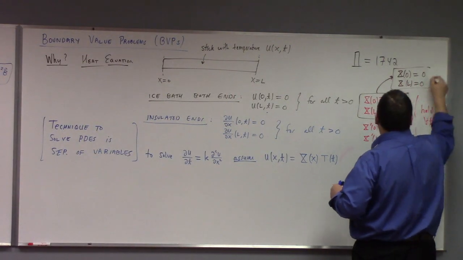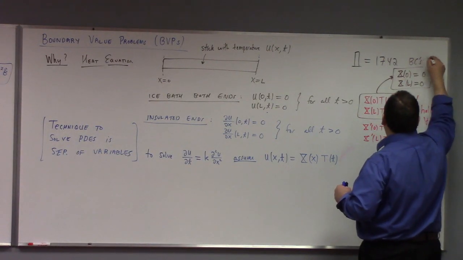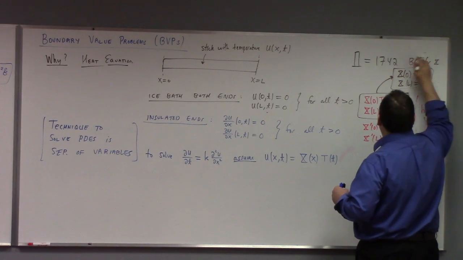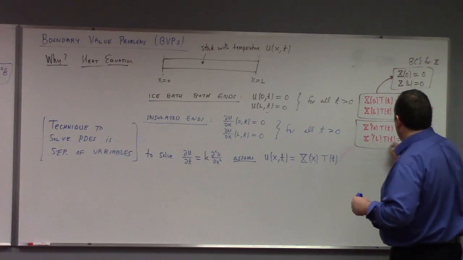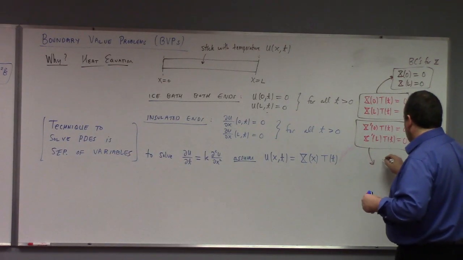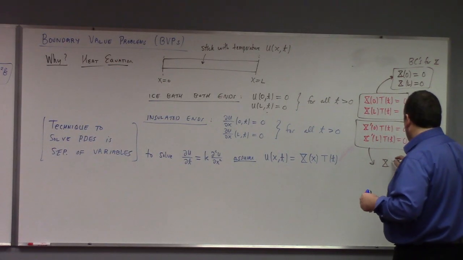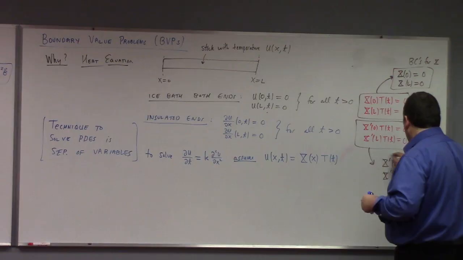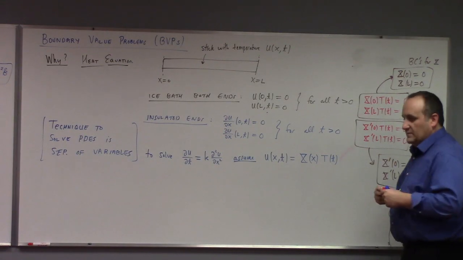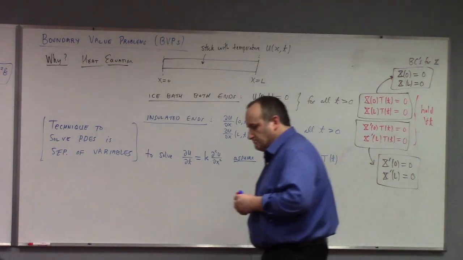These are the boundary conditions for X, all right? And likewise, these ones suggest that we would need boundary conditions like X prime of 0 equals 0 and X prime of L equals 0. These would be my boundary conditions for the spatial part of the solution.